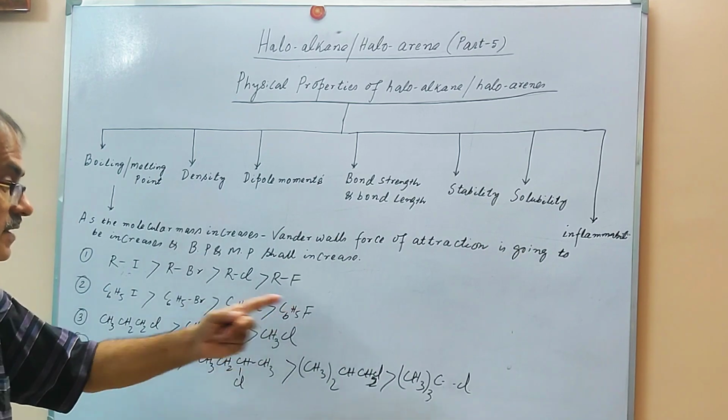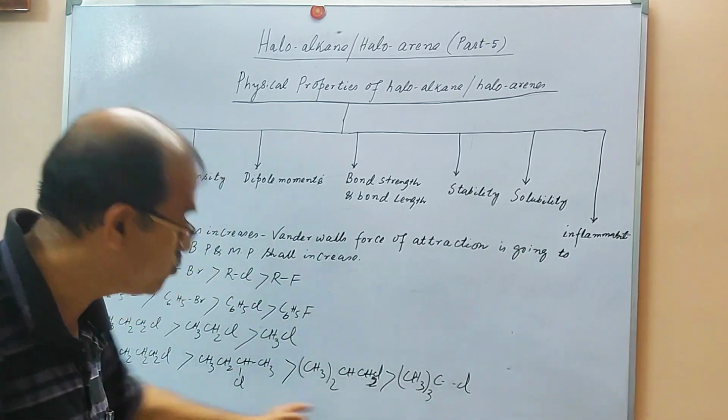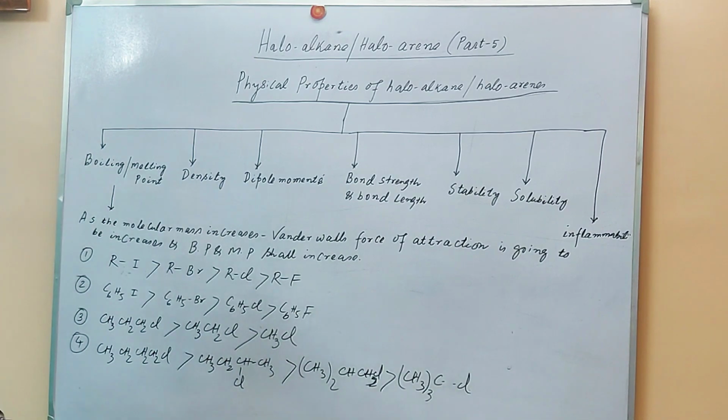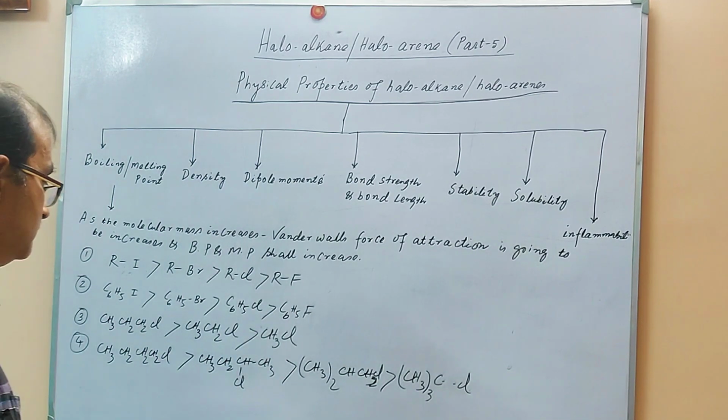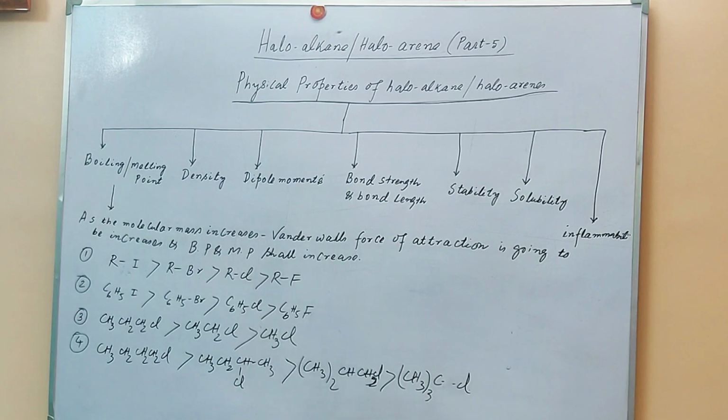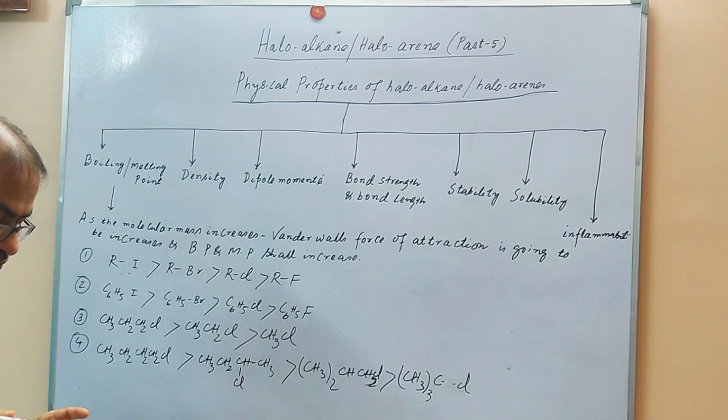So when the side chains increase, the boiling point decreases. This is how the boiling point is influenced in this case.